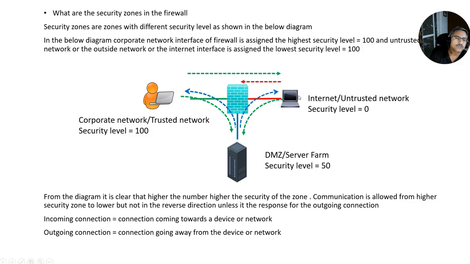For example, users on the internet trying to access the DMZ server will try to access a URL, for example, https://www.example.com. The web service example.com is hosted on this server, so they will reach out to this server on port number 80. So they have limited access.